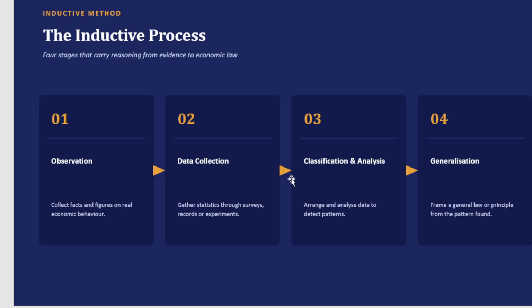On the basis of the data collection we will classify, tabulate and analyze the data, and on the basis of the result of the analysis, generalized facts will be framed, that this particular fertilizer is useful for the crop. Means first of all we do observation, then experiment, and on the basis of the experiment generalization will be there, and this is the inductive process.